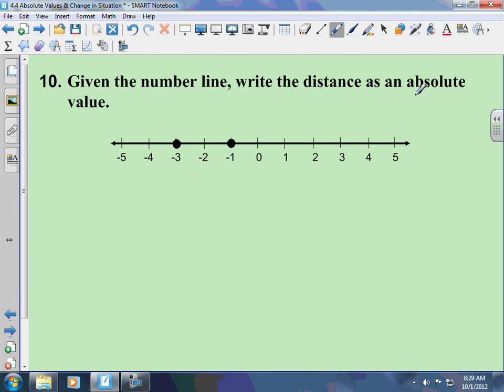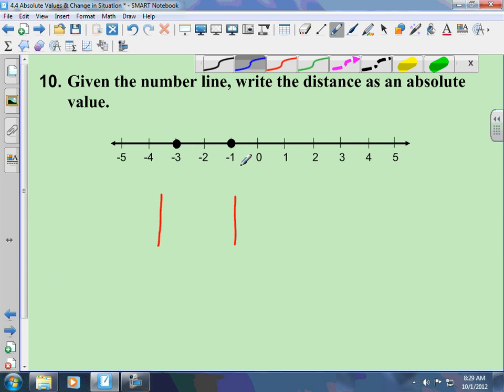Given the number line, write the distance as an absolute value. Same thing again, kids. Big minus small, except I'm going to put it inside my absolute value bars. Which is my bigger number?